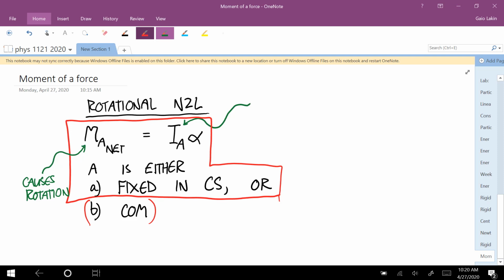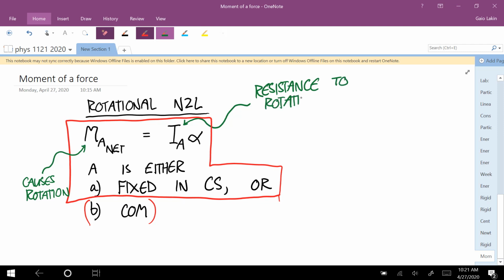And that tells you how much the body itself resists having a rotation started or stopped. How much it resists changes in rotational speed. So this is a measure of the body's resistance to rotation.